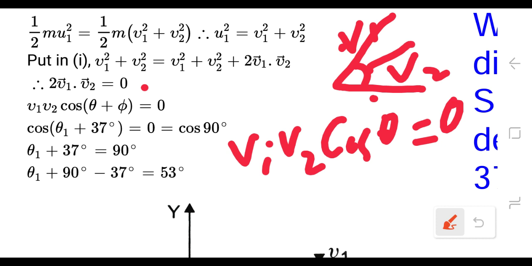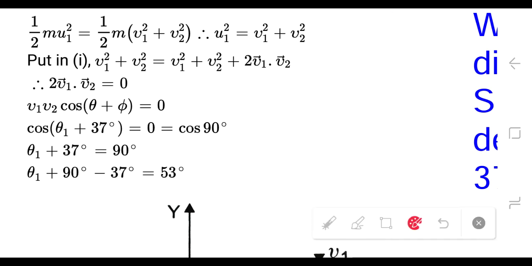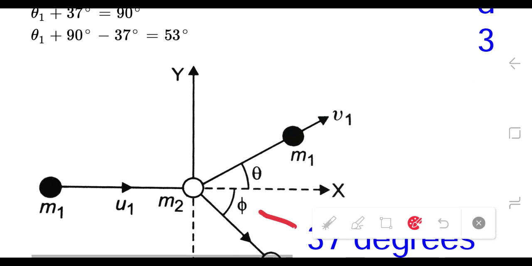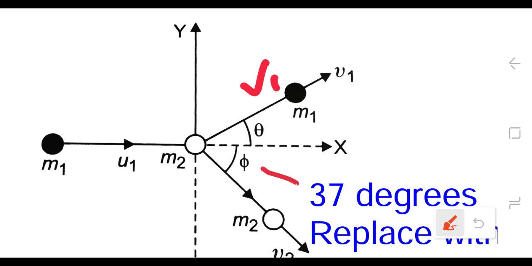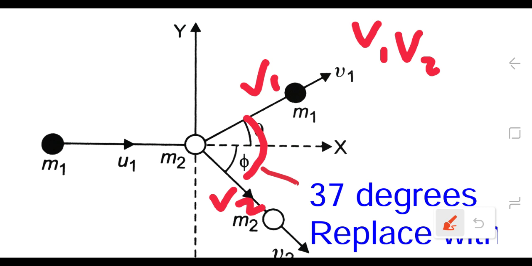It is this angle. So the whole angle will be 37 plus theta. This is the angle between v1 and v2. So v1 multiplied by v2 cos of that angle will be equal to 0.